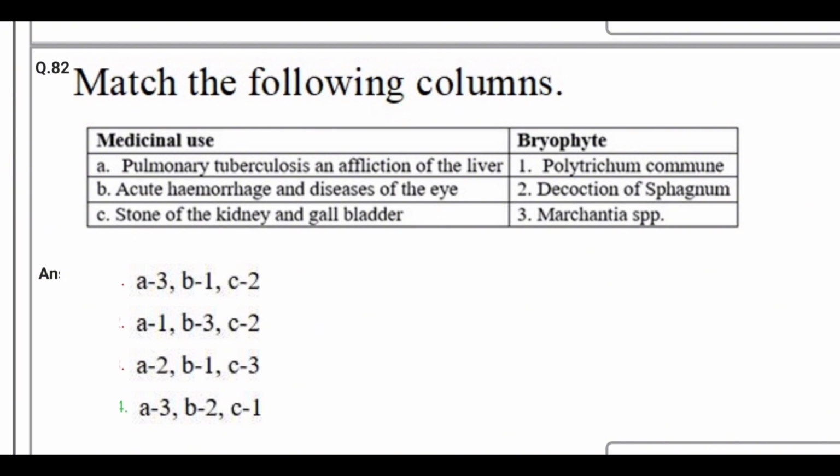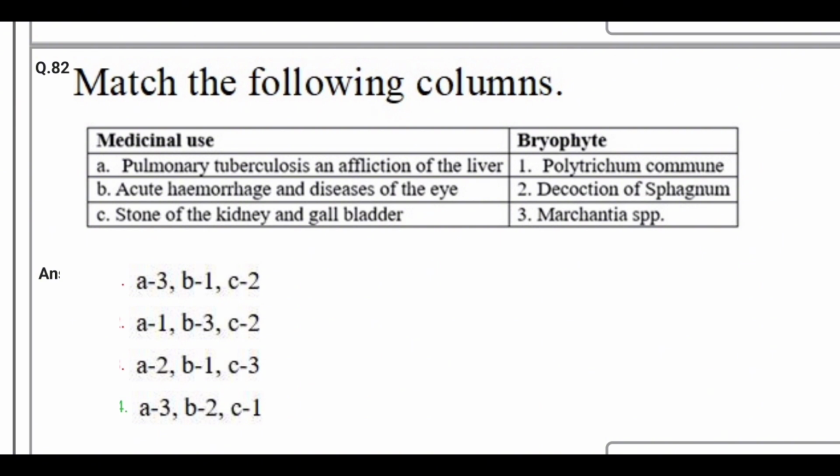Here a matching type question is given. So you have to match list 1 with list 2. Here I am going to match list 1 with list 2. List 2 consists of bryophytes. List 1 consists of the medicinal use of that bryophyte. So I am going to match. Pulmonary tuberculosis, an affliction of the liver, is cured by Marchantia species.